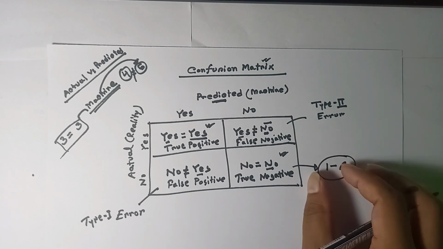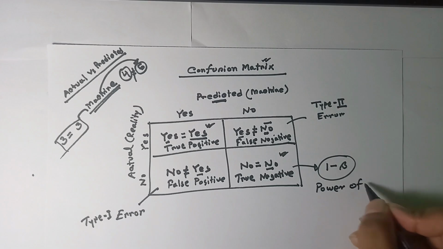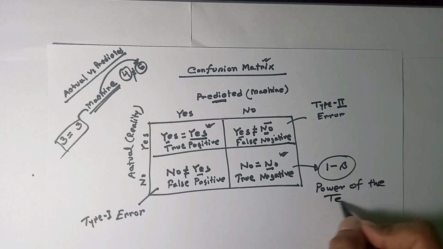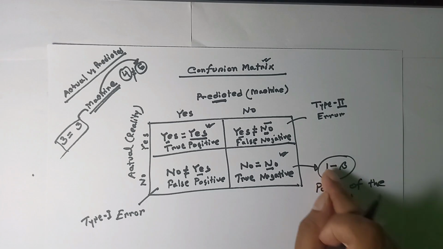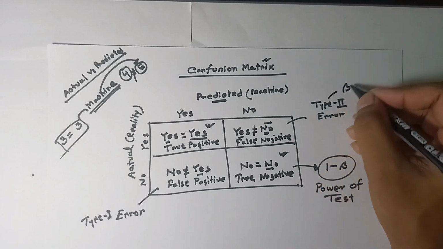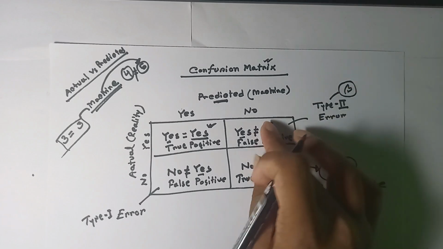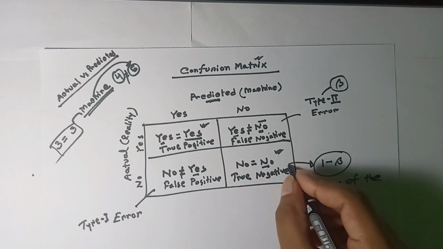And what is 1 minus beta? It is nothing but the power of the test. Why do I write 1 minus beta? Because this type 2 error is denoted as beta. So combining this observation, 1 minus beta will be this part.